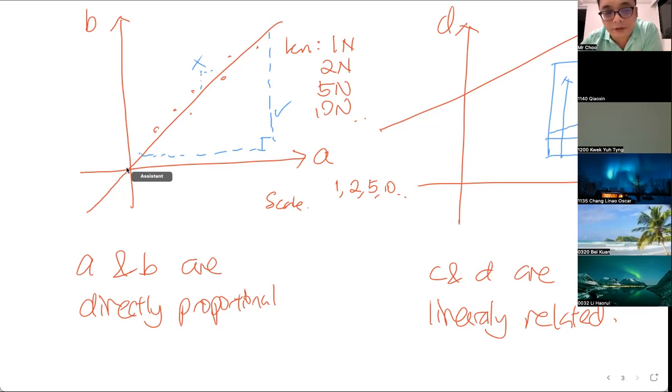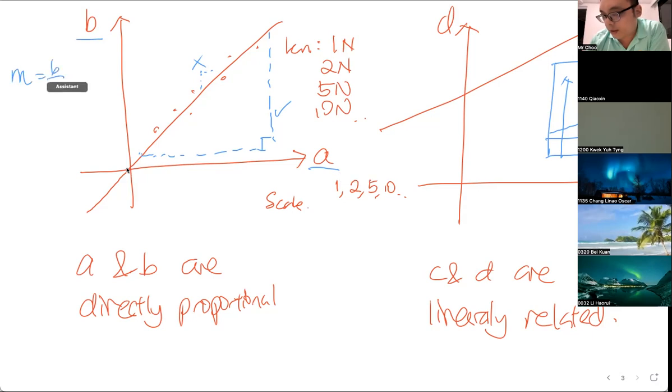If it's very far from 0, you will never hit 0, then no need to start from 0. But if you know that your graph is going to cut through 0, a very good chance it's going to cut through 0, then better to go through 0, so that you can conclude that the two variables are directly proportional.